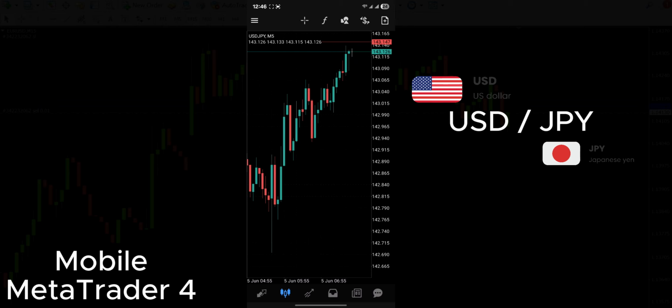If you think that the Japanese government is going to weaken the yen in order to help the export industry, for example, you would execute a buy USD JPY order.